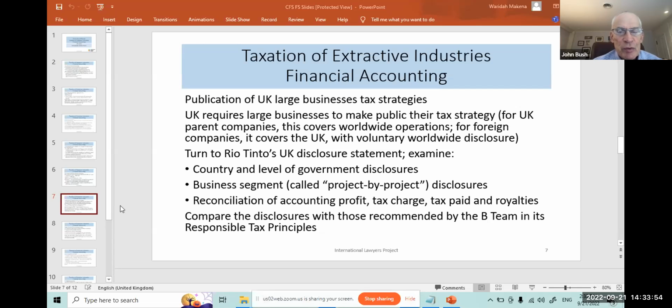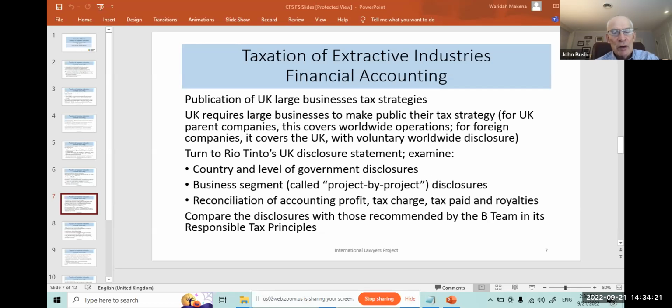Companies that only have subsidiaries in the UK, but nevertheless large businesses there, only have to disclose what they're doing in the UK. Some of those companies, even though they're not headquartered in the UK, decide to disclose their tax strategy for the world as well. So we're going to look at Rio Tinto's UK disclosure statement.